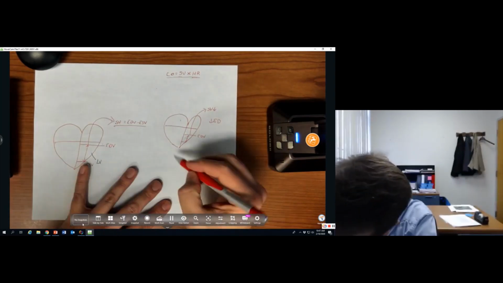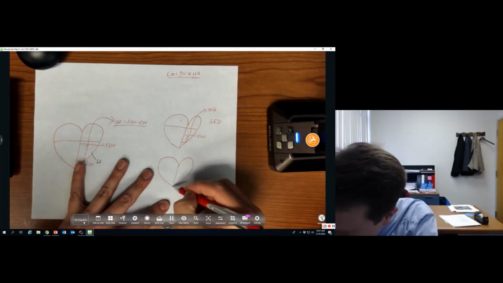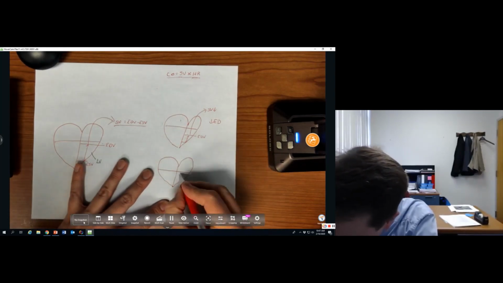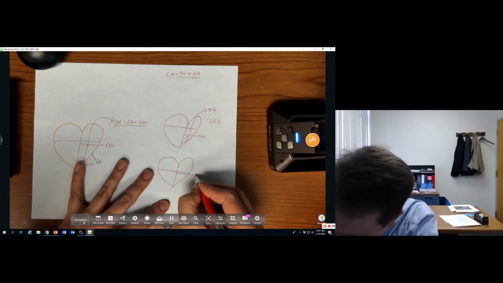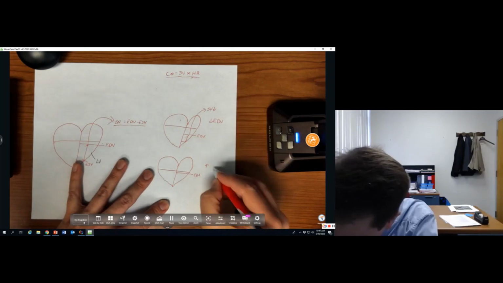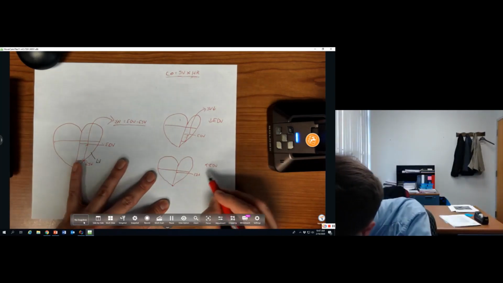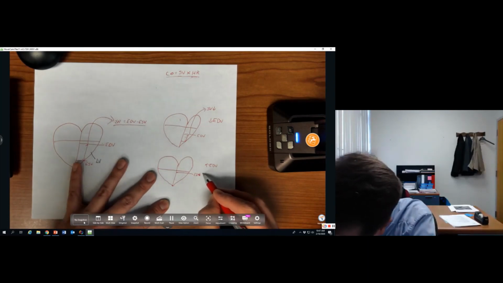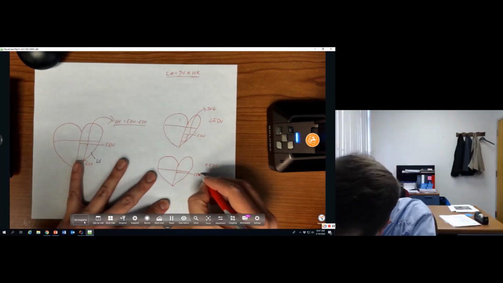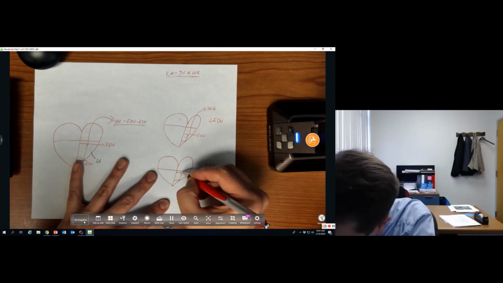And if our EDV were to go up, an increase in EDV, and this contracted down, stroke volume would go up.